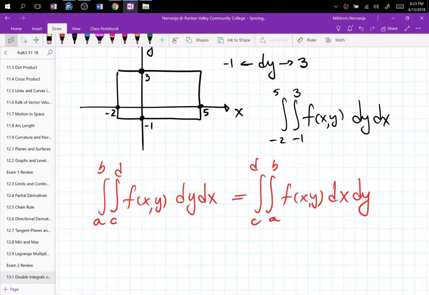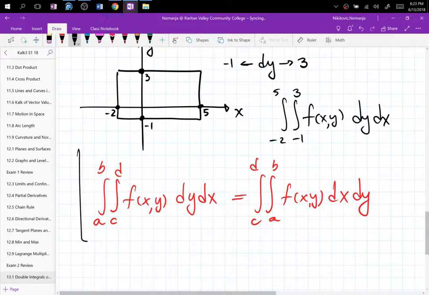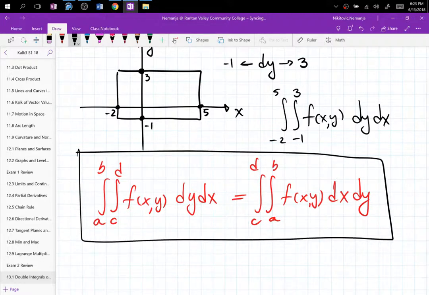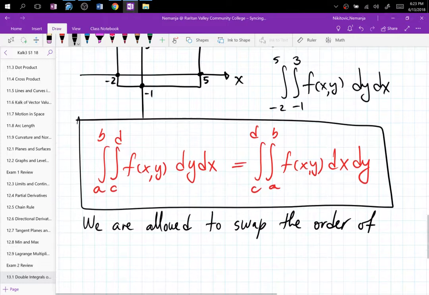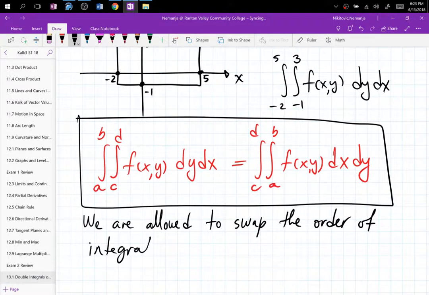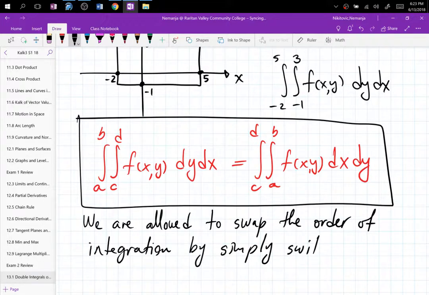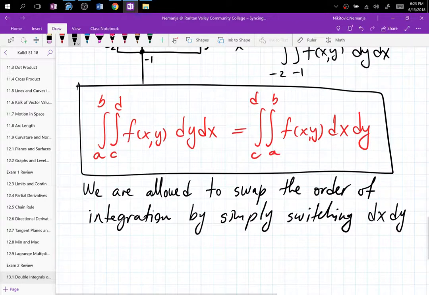You are allowed to swap the order of integration by simply switching dx dy and the limits.